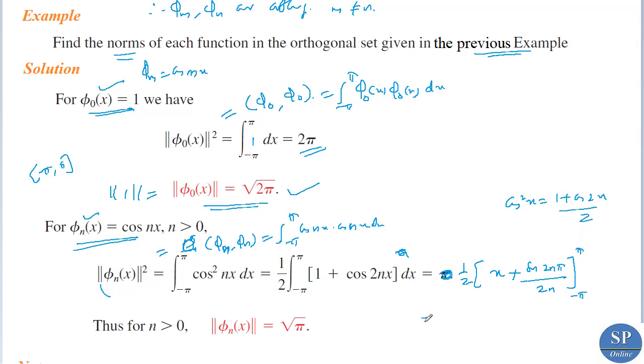So this is equal to 1 by 2 into pi minus minus pi plus sin 2n pi minus sin minus 2n pi divided by 2n. So this is 0 and this is 0. So we get 2 pi by 2, that is pi. So the square norm is equal to pi. Therefore, the norm is equal to root pi.